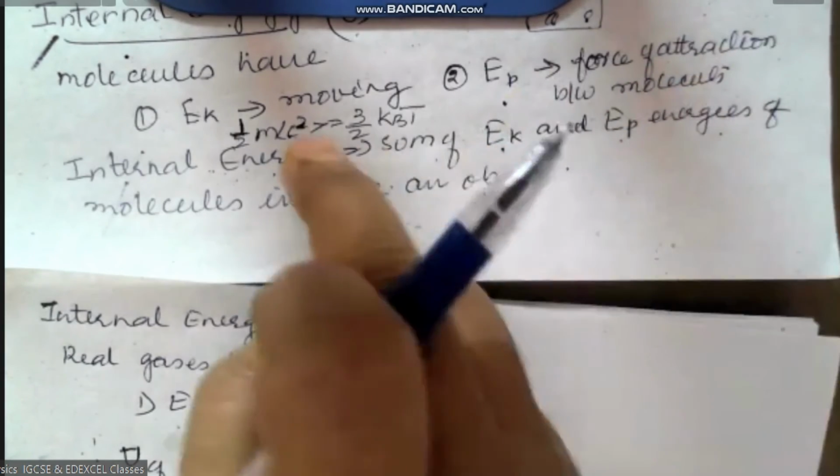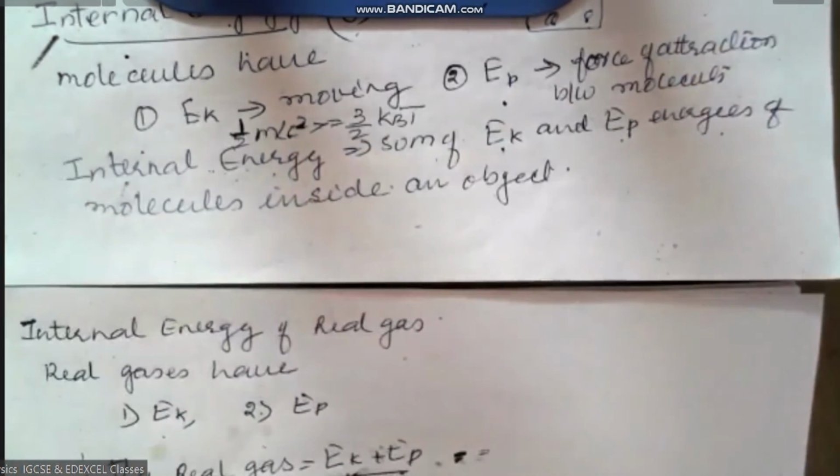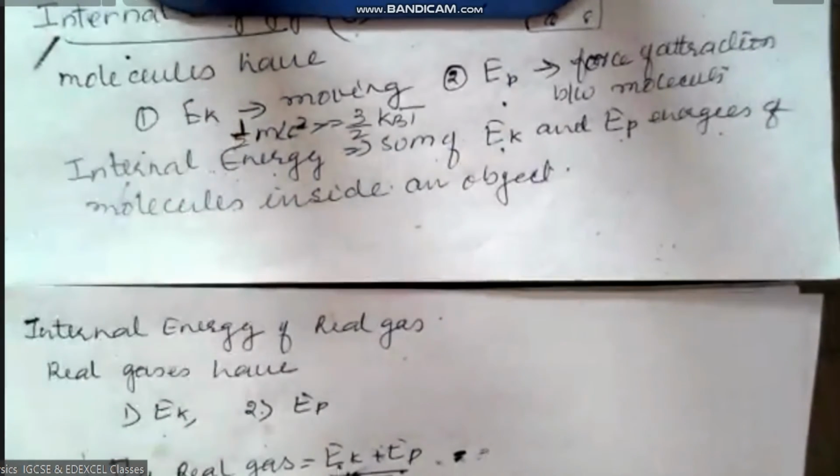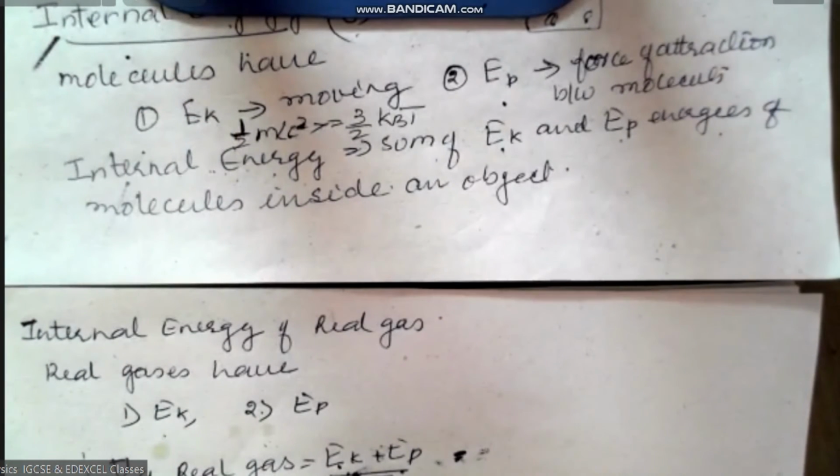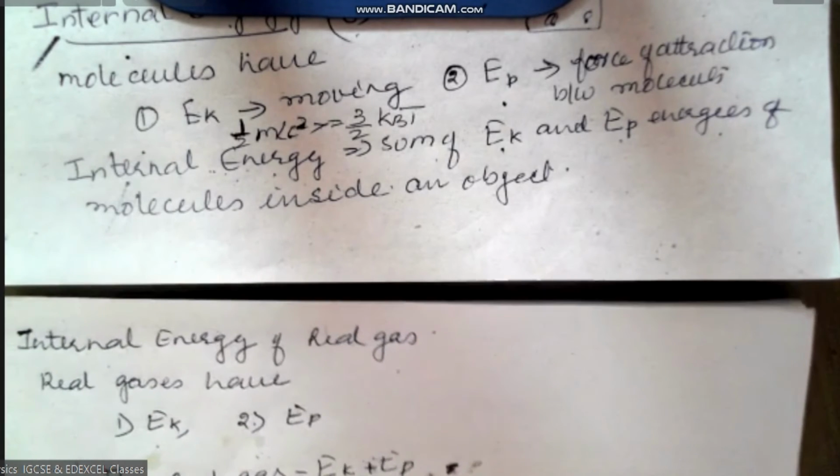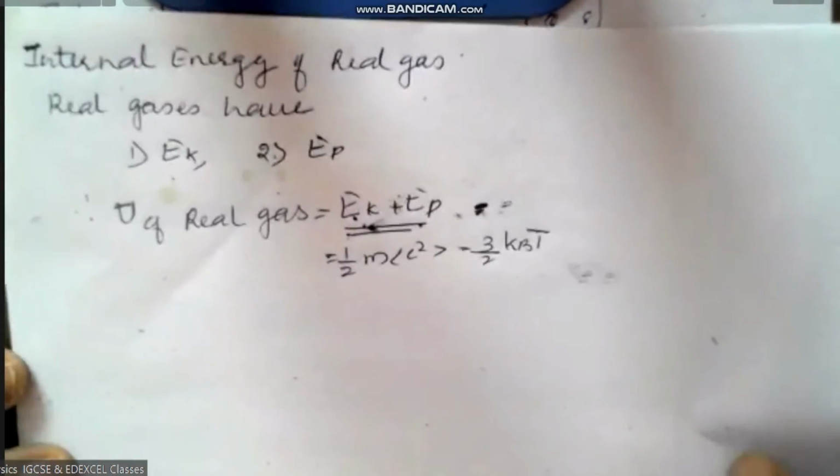You don't need to study it. So this much you study, that's enough. Kinetic energy can be found by half mc square, which is 3 by 2 kB into T.